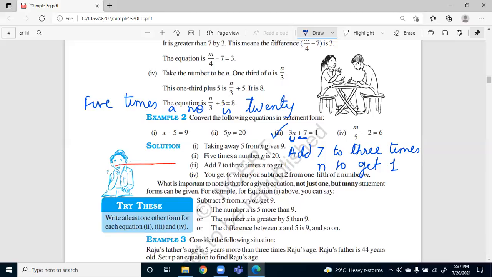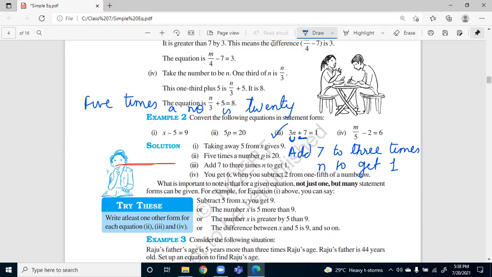Understand? Please write it down. Ma'am, can we write 3 times a number added to 7 is 1?